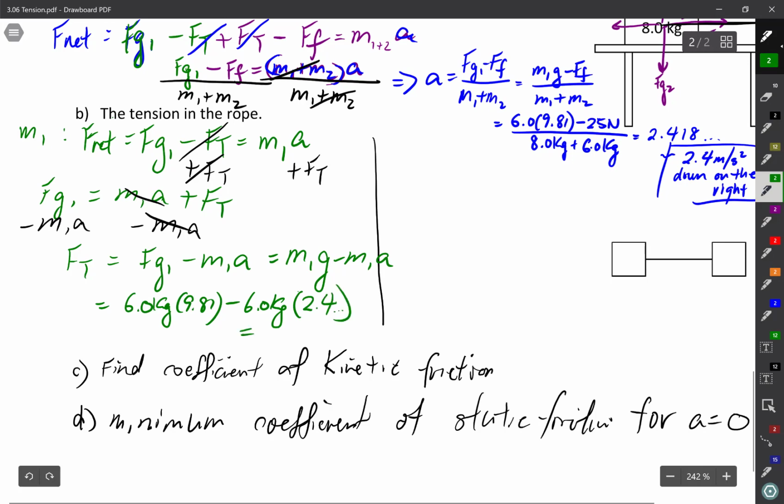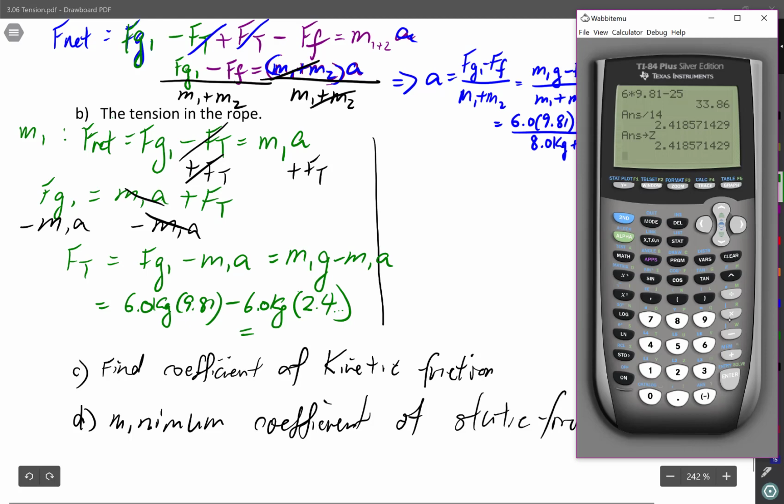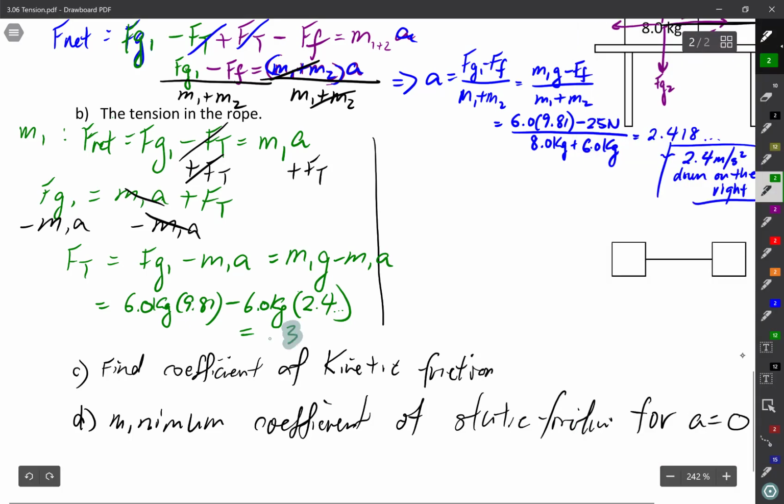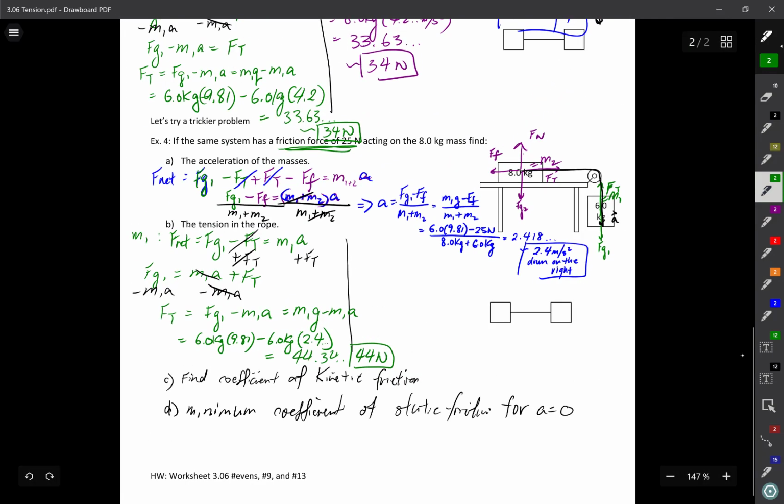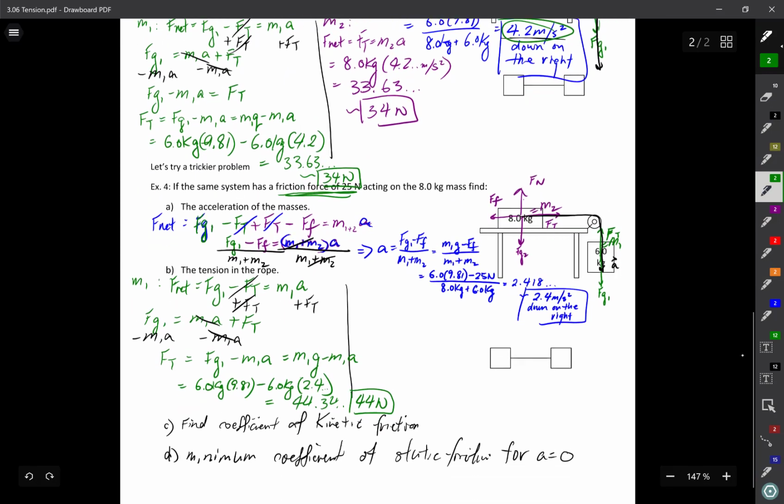And after we put this one in, and again, I'm going to use the non-rounded version of our acceleration, which I saved in my calculator, I get 44.34... 44 newtons.